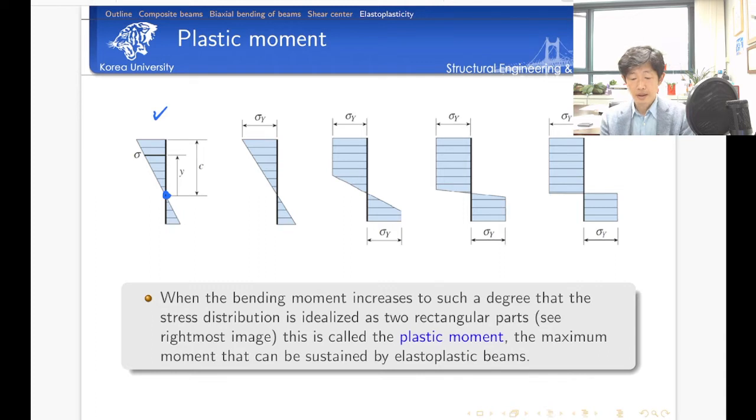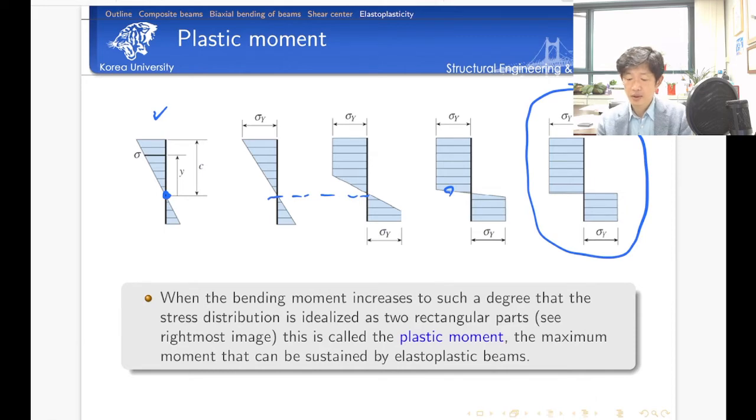And then to satisfy the moment equilibrium, the position of the neutral axis changes, and eventually the elastic branch disappears. The stress in the whole cross section becomes the plastic state.